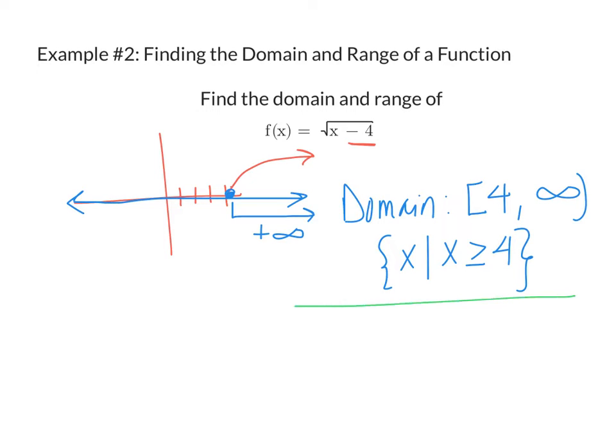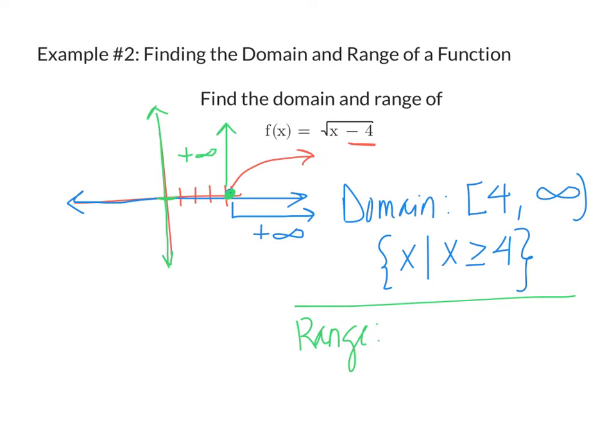All right, range. Remember, range is how high or low your function is. So where does it start? For us, it looks like it's going to start at 0, right? And as it lifts off, it's going to continue in the positive infinity direction.